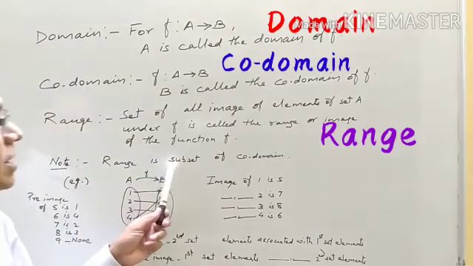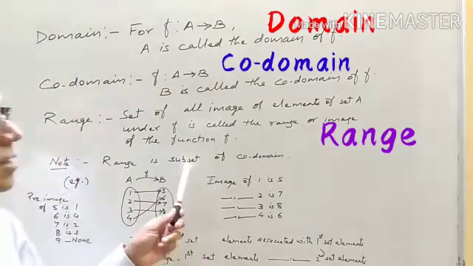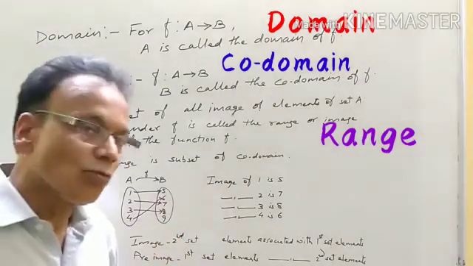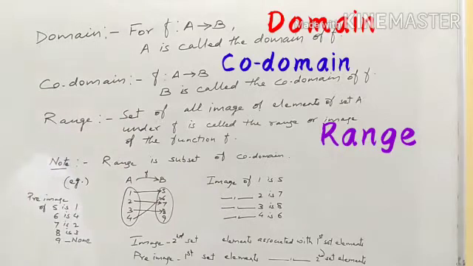Important point: range is always a subset of codomain. Through an example, try to understand.